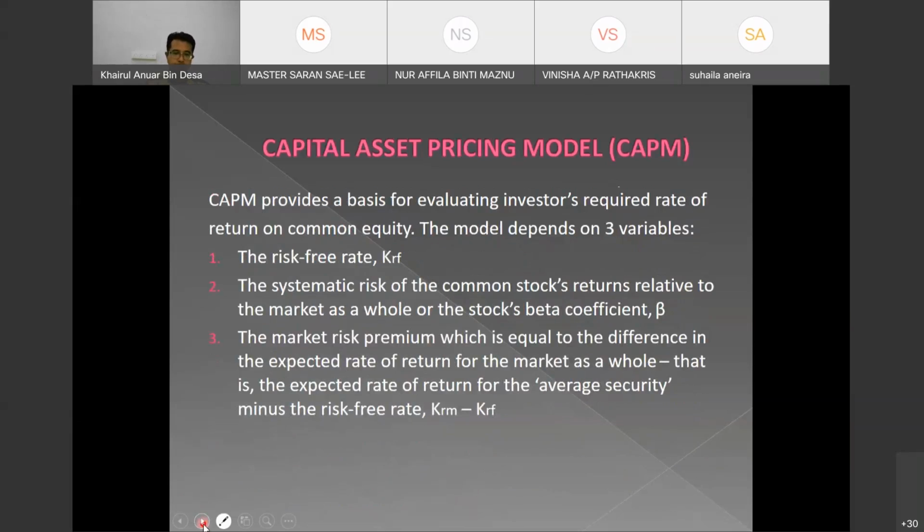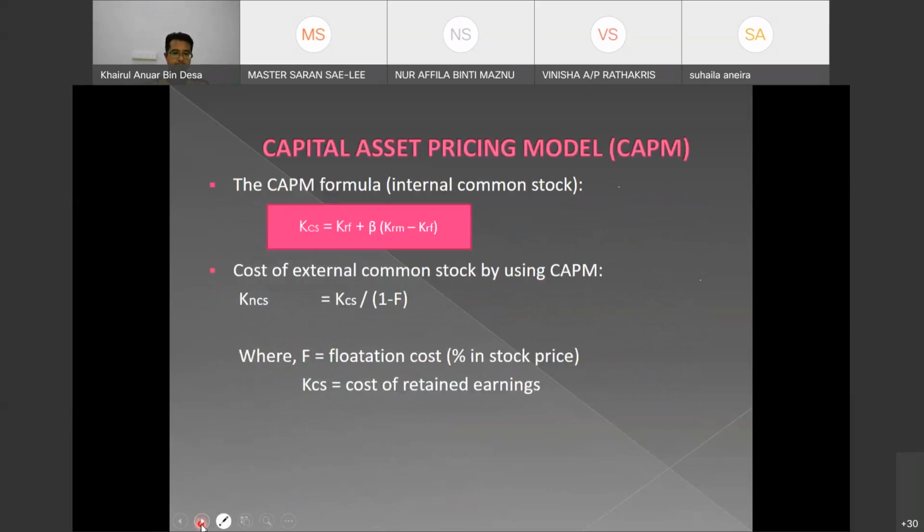Okay, now capital asset pricing model. Number one, kita tengok the formula ya. This is the formula of capital asset pricing model. Here, RF adalah risk free.